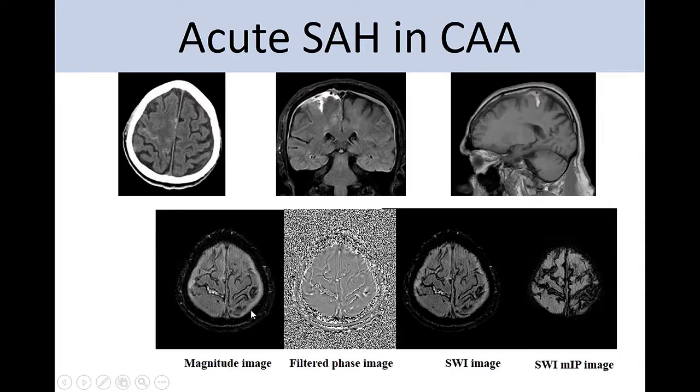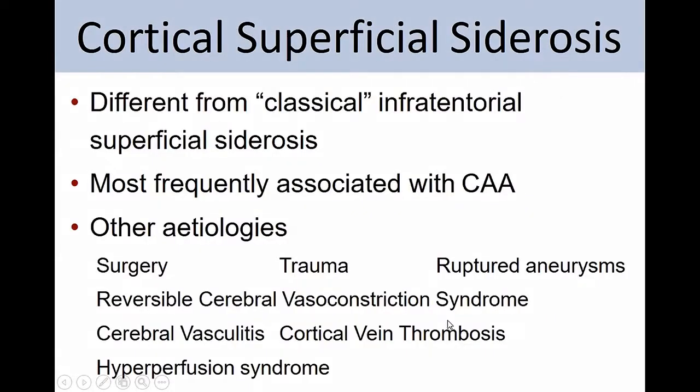And if you do SWI, you will see, in addition to the acute hemorrhage, most probably also superficial siderosis and then some microhemorrhages. The cortical superficial siderosis is different from the classical infratentorial superficial siderosis, where patients present with a long-standing history, maybe of vestibular symptoms and infratentorial symptoms.